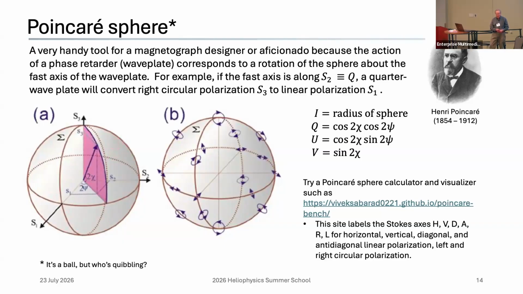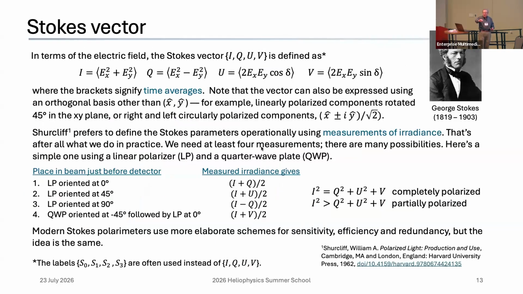The use of it is, if I could reach up there, the action of a phase retarder is basically to rotate the sphere. And you can convince yourself that if you had something that rotated the phase, and you had complete control over the amount of phase that you change, and you could change which handle you use to rotate it, you can actually get from anywhere on the sphere to somewhere, let's say right here, in one motion.